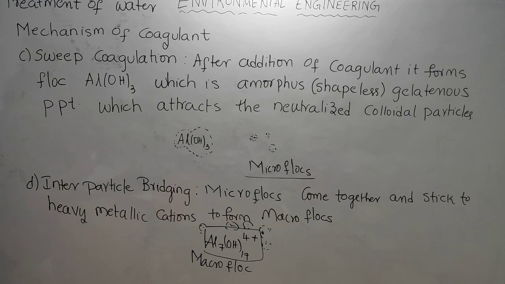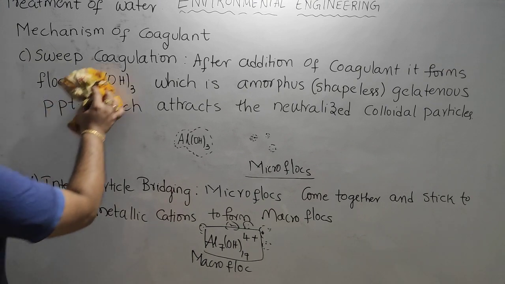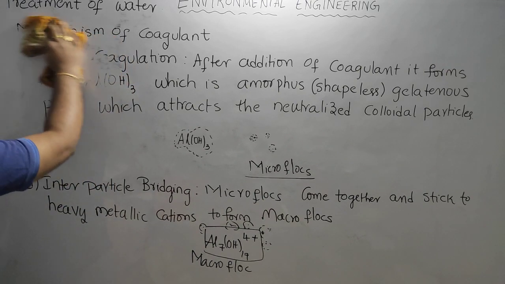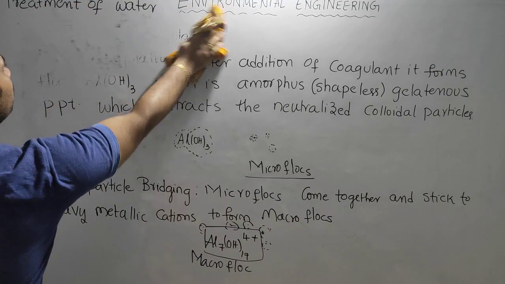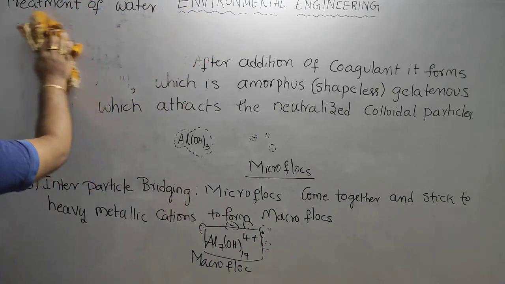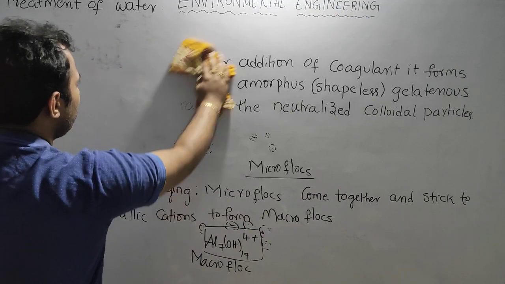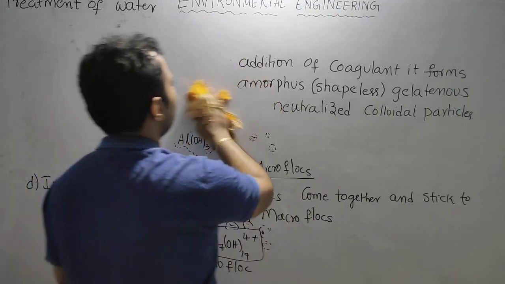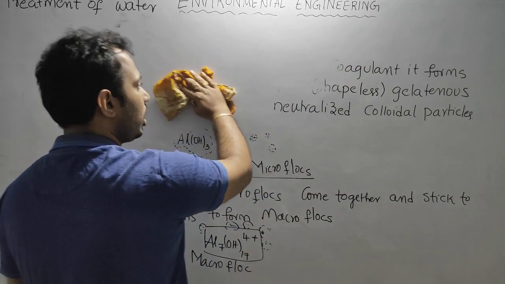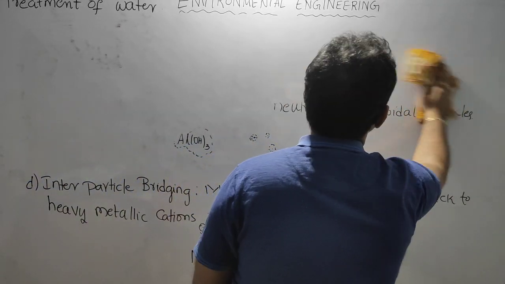And now, what are the different kinds of coagulants we use in our environmental engineering or water treatment? It may be wastewater, it may be fresh water. So what are the different kinds of coagulants we use? Let us see.